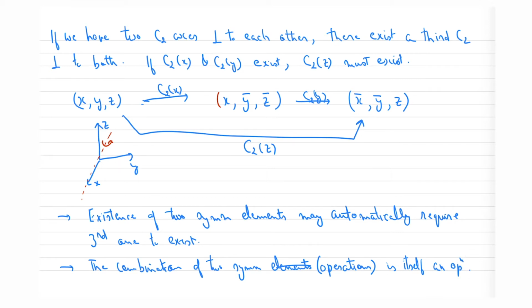So let us take an example to see, and the order does matter. We will see in certain cases it may commute, in certain cases it may not commute. So let's take an example.